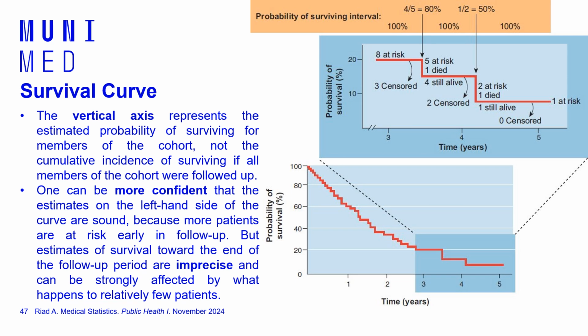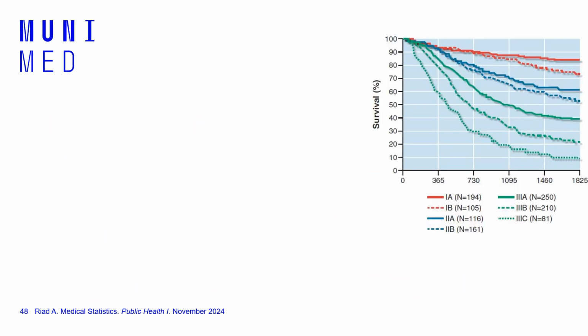But toward the right side, the more you go with time, the more people get bored or don't want to continue in the study. That's why censoring is larger, and that's why certainty of the probability of survival toward the last few years in the prognostic study is lower. That's why we cannot be very sure what will happen in the last 2 or 3 years, because things could change completely. Okay, so these are the survival curves.